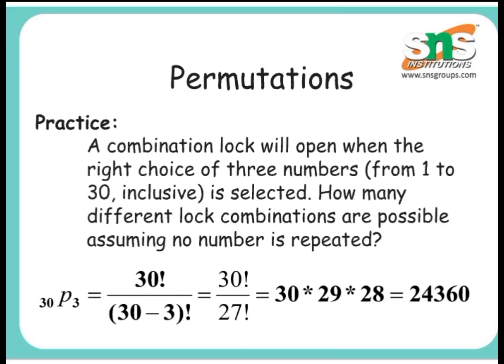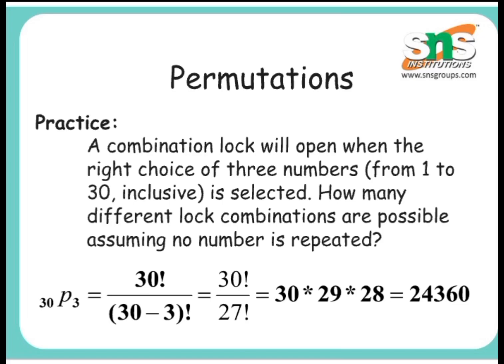For example, we take a combination lock numbered from 1 to 30, where 1 and 30 are inclusive. How many different lock combinations are possible, assuming no number is repeated? In permutations, we always have two different problems coming up, with repetition and without repetition.